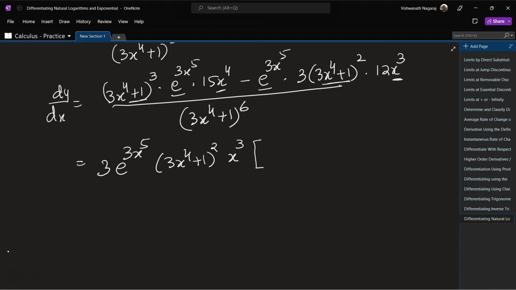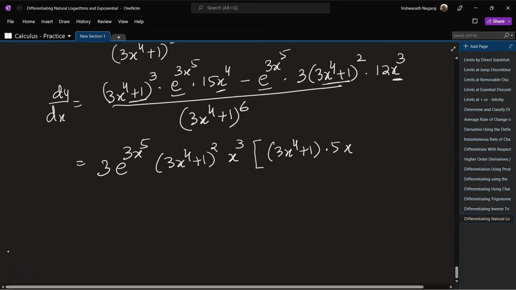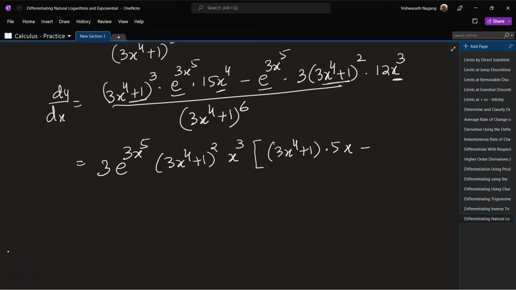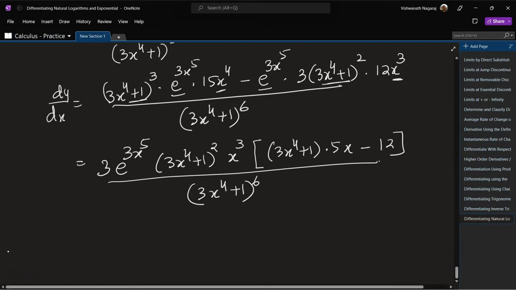Here one of this is there, so (3x^4 + 1) times 3 5 15 is there and 1x is remaining, minus, this is gone, 3 is gone out, so we are left with 12, x cube is gone, so divided by (3x^4 + 1)^6.